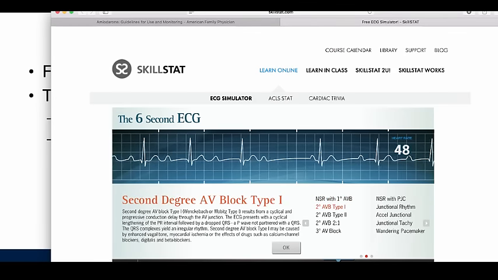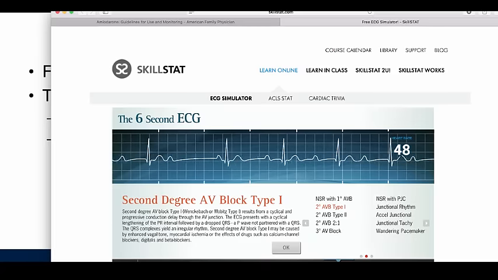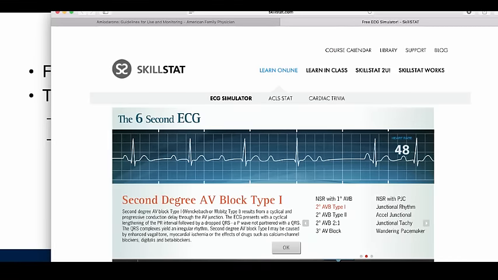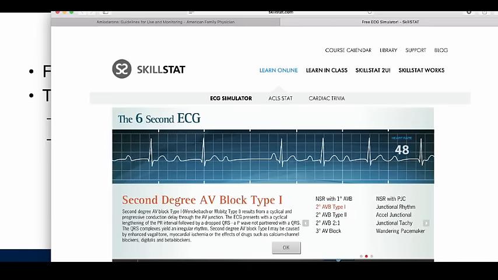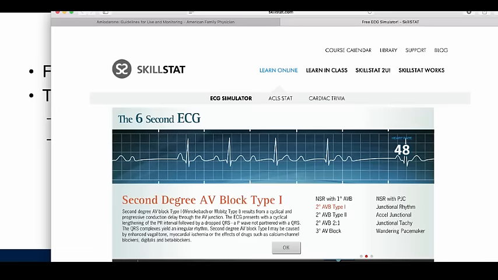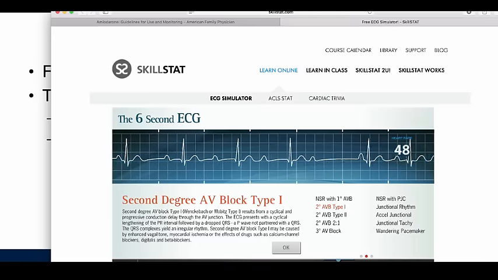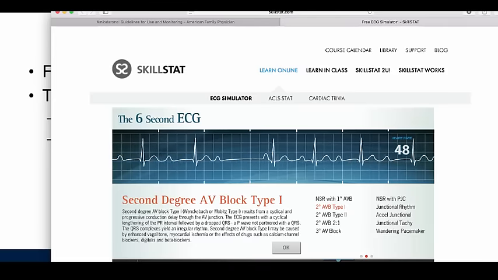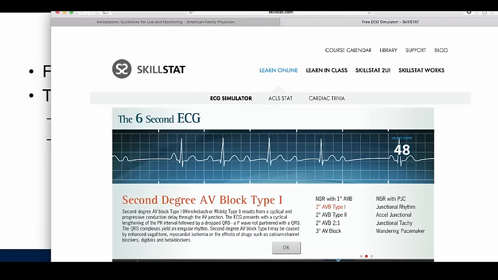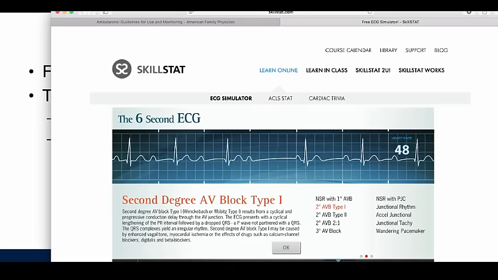When we go into a Mobitz type 2, or I'm sorry, a type 1 second degree AV block, what I'm trying to illustrate here is a progression, so we'll use the type 1. The type 2 is a little more confusing.